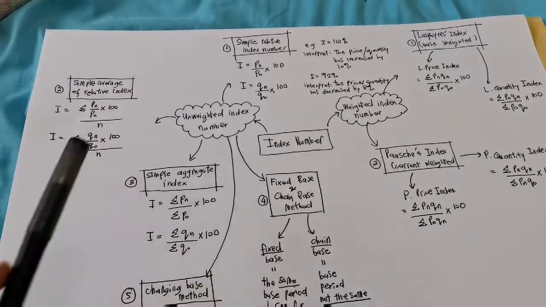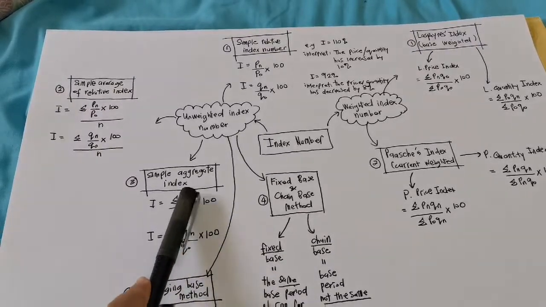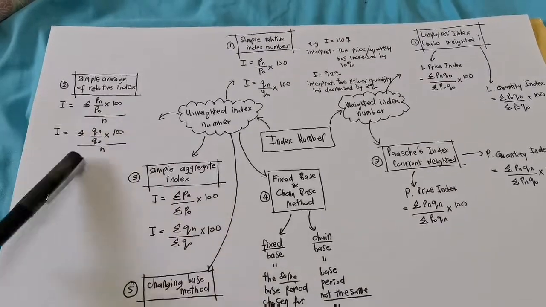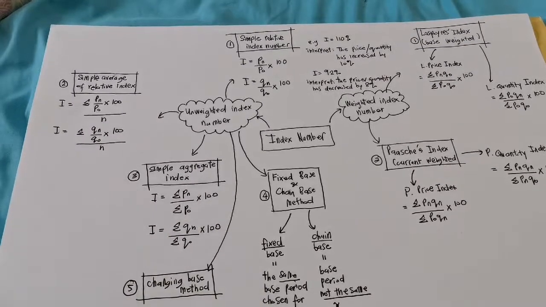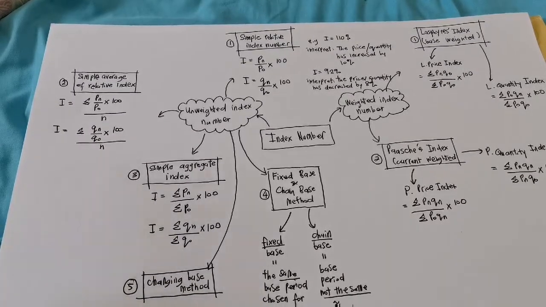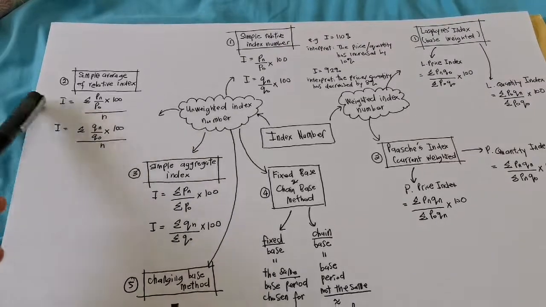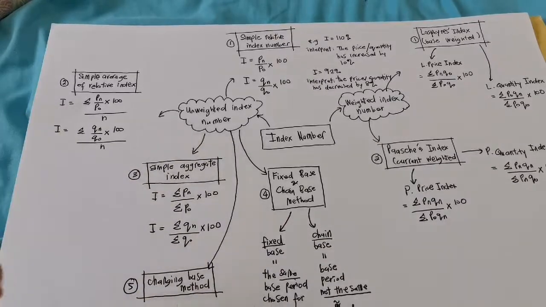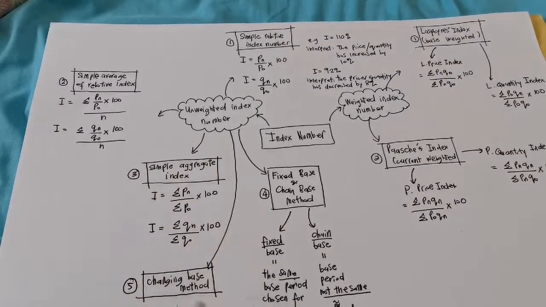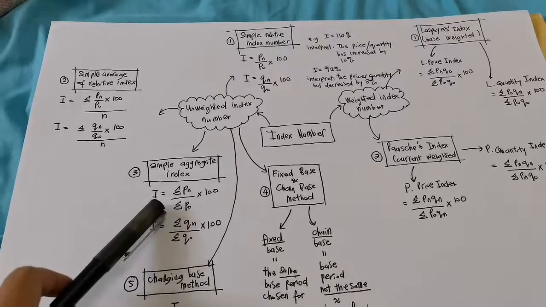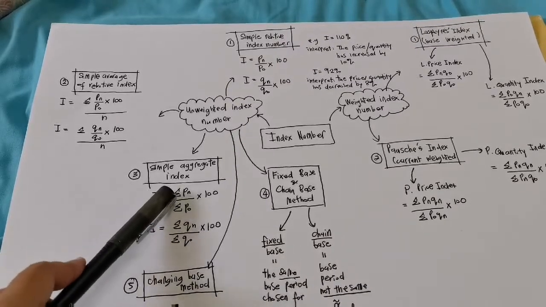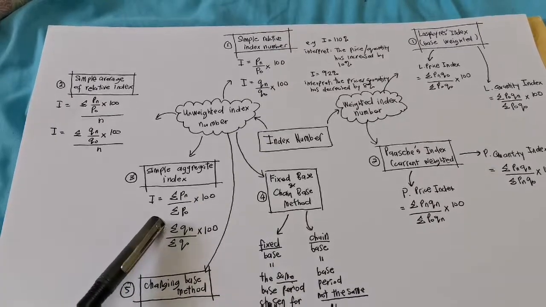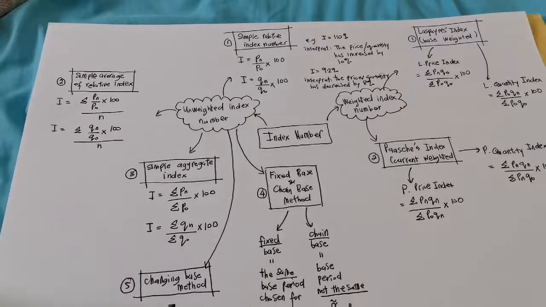The next one is the word aggregate. Instead of mentioning the individual price of the nasi lemak, nasi minyak and nasi ayam, we can also put it on the whole, which means we total up the current price and the base price first, and then only we calculate the index number.